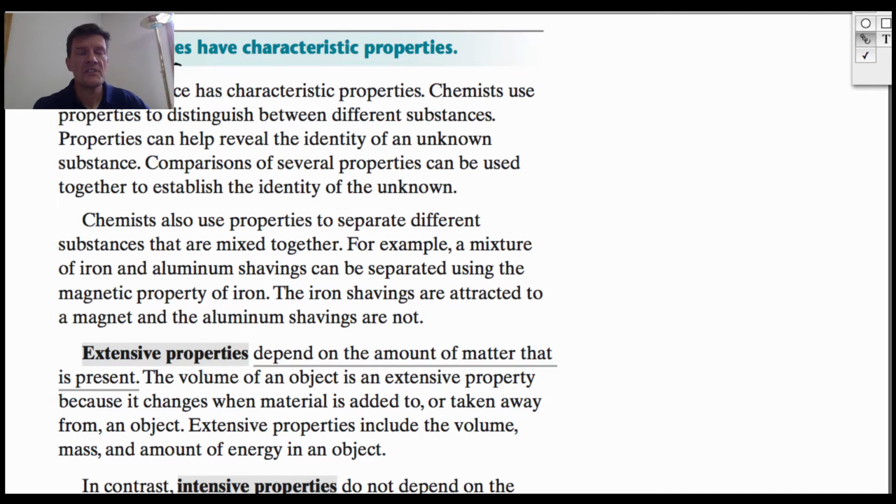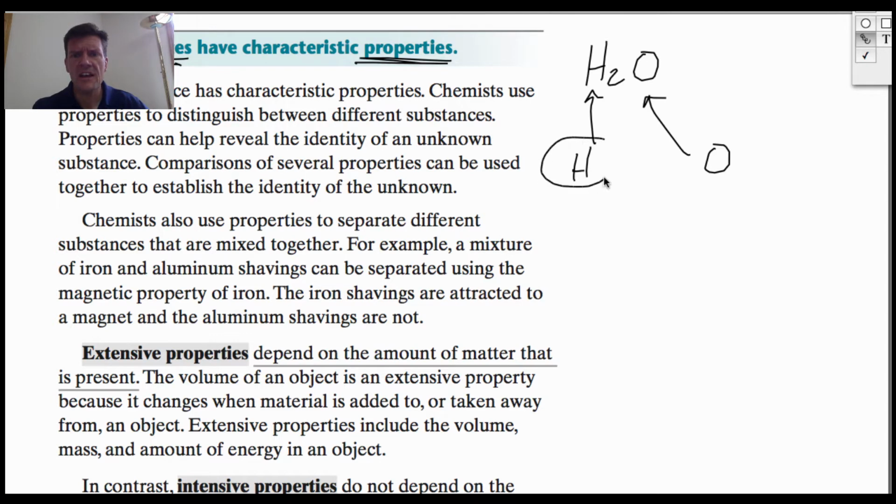Now, every substance has particular properties. It's really cool because you think about water. Water has certain properties. We need it for life, for one thing. But look what it's made up of: hydrogen, which is a gas, and oxygen, which is a gas. Isn't it really neat, almost marvelous, that hydrogen is a gas by itself, so is oxygen.